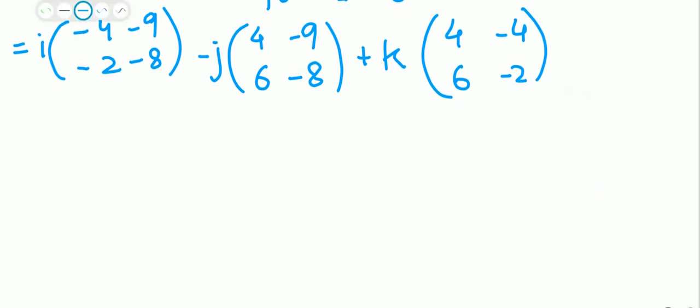Now what we're going to do is cross multiply them. First these two numbers in this direction, and then this.